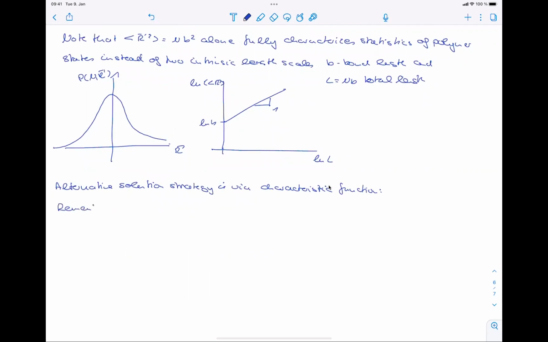That's quite a while ago, but remember from your statistical physics class that the characteristic function is the Fourier transform of the probability distribution.